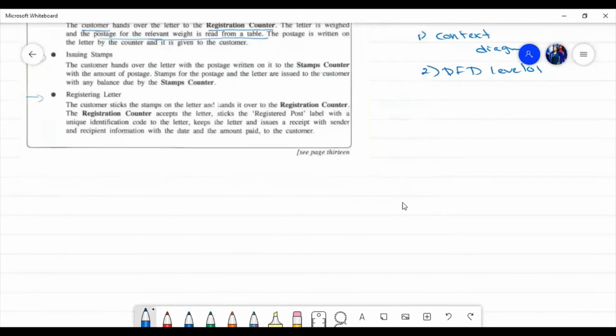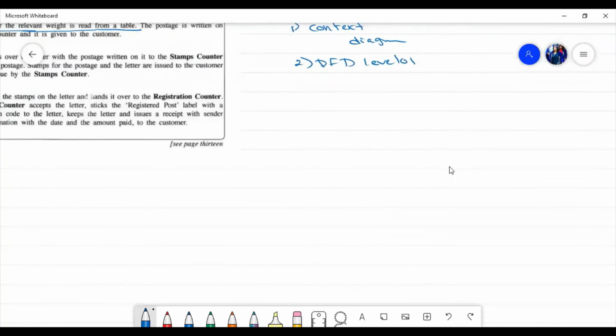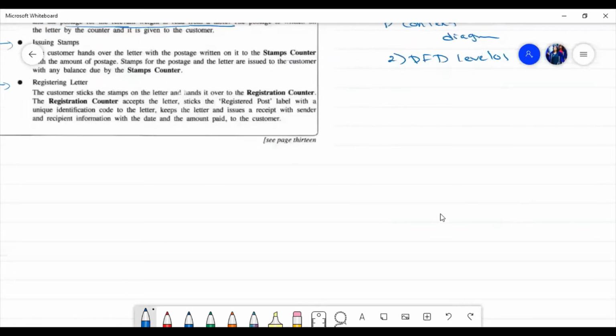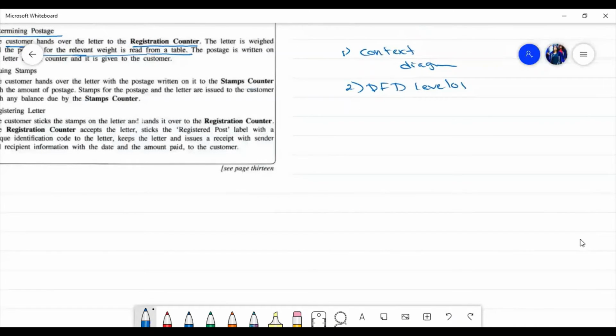When you draw a process according to the Gane and Sarson notation, we have to use a rounded rectangle. Excuse me for my lines. This should be a rounded rectangle, and you know how to draw them.